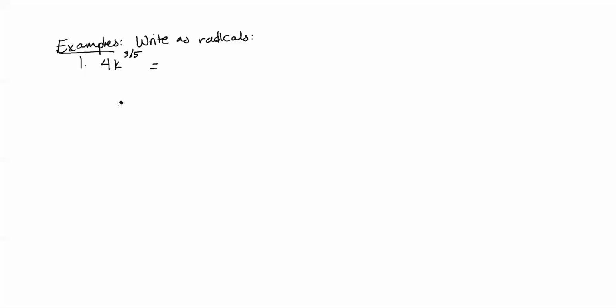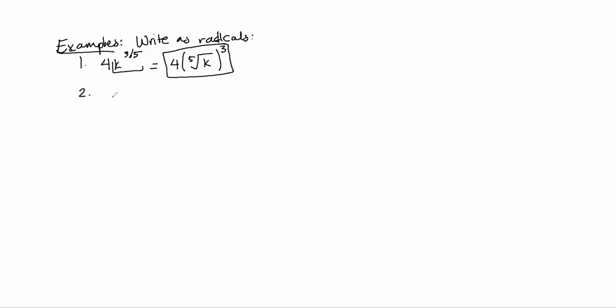Because there are no parentheses, the 4 and the k are not stuck together. So this k to the 3/5 is its own thing. So I'm going to leave that 4 out in front, and then we're going to apply this exponent just to the k. So we're taking the 5th root of k and then raising just that part of the term to the 3rd power. This is all we can do. We can't take the 5th root of k, so we're going to go ahead and leave it just like this. Some of these answers will just look ugly, but they are correct.